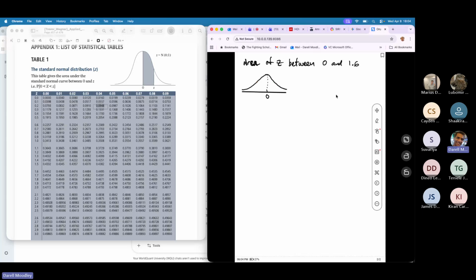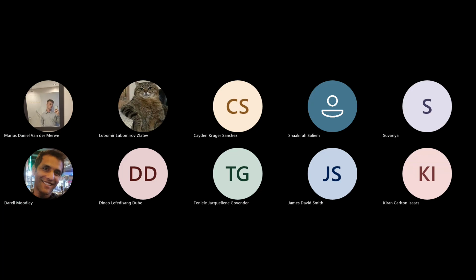I'm drawing the curve that you see on the top left of the page in your textbook. What that graph tells you is, for any value on the horizontal axis, this axis here, it goes to infinity.